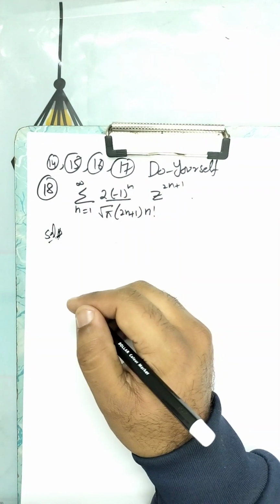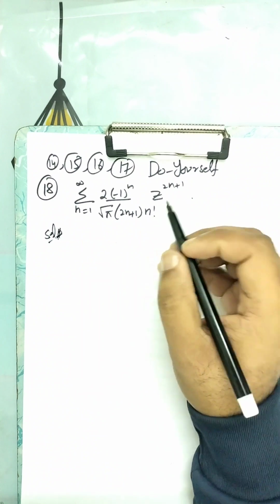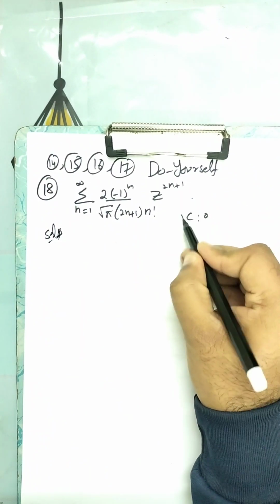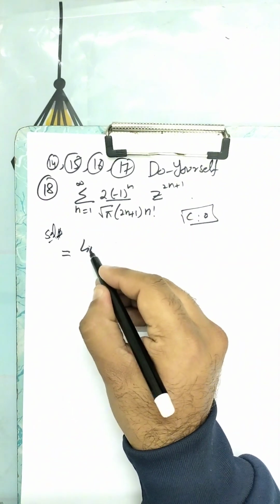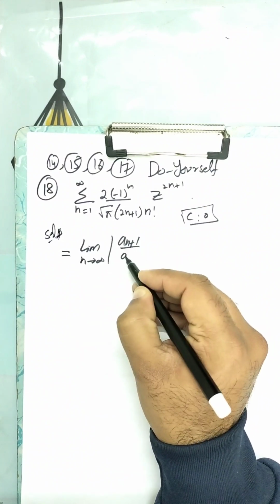again by using the ratio test, and I think first we find the center here. So z minus z naught, and this is 0, so the center is 0. So applying the Cauchy ratio test, that is the limit as n approaches infinity of a(n+1) over a(n).